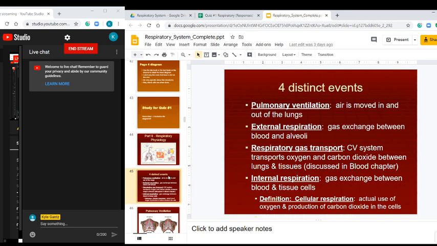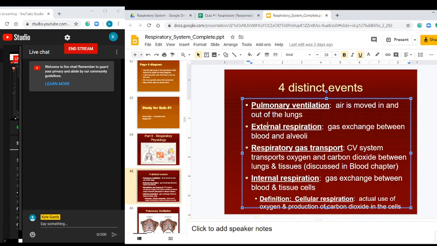So we have the ability to get air in and out of us. We have that exchange between the blood and the alveoli, and then we have the ability to transport that oxygen and carbon dioxide between the lungs and the tissues. And then we have internal respiration, where we have gas exchange between the blood and the tissues.